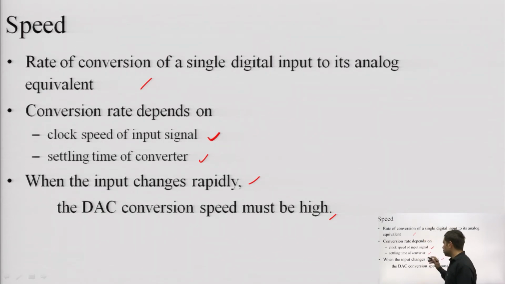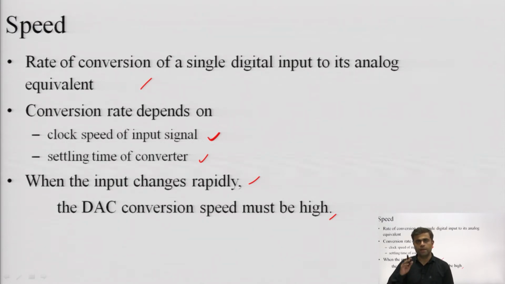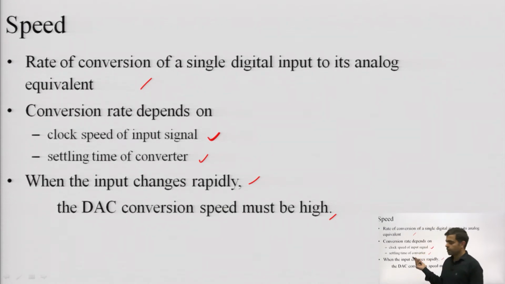So this clock rate has to be sufficiently high so that all the data transitions at the input side are detected by the circuit and converted into an analog value. And the next thing is settling time. If the clock is okay, then the settling time should be as small as possible so that the circuit is able to respond quickly.